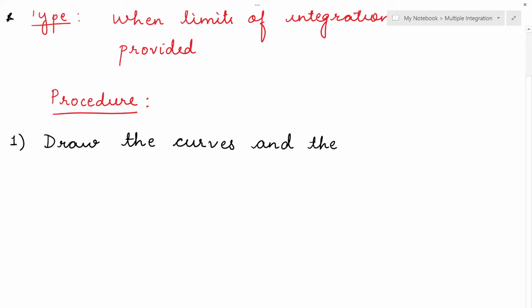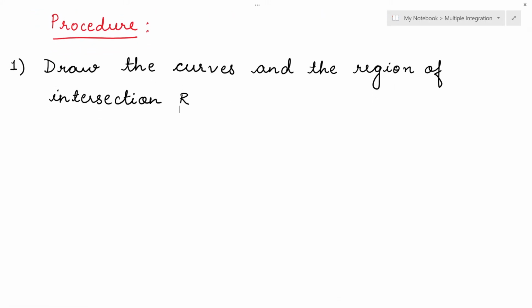So we will draw the curves accordingly and then find the region of intersection R. The common region of intersection that is there is your region R. So the first step is simple. The curves will be given to you in the question. Those standard curves you draw and then find the common area of intersection, that is the region R.